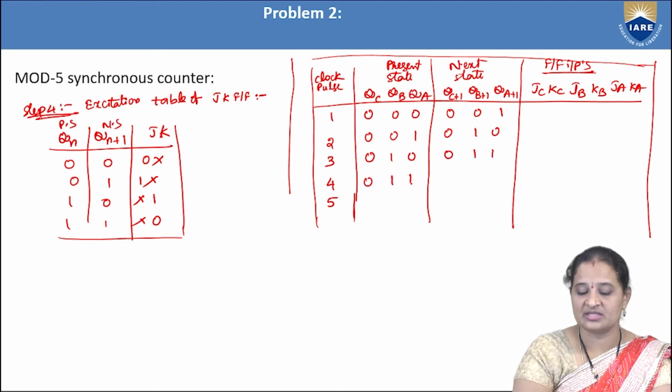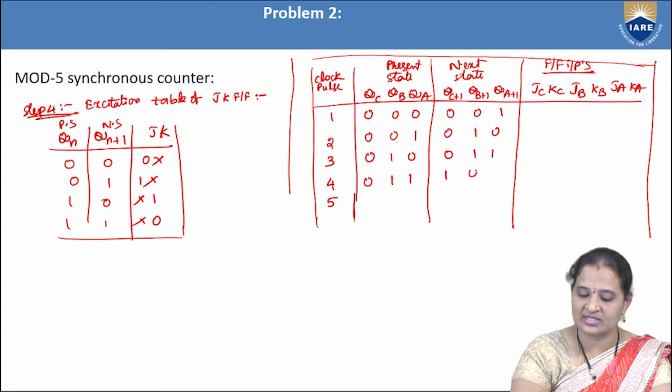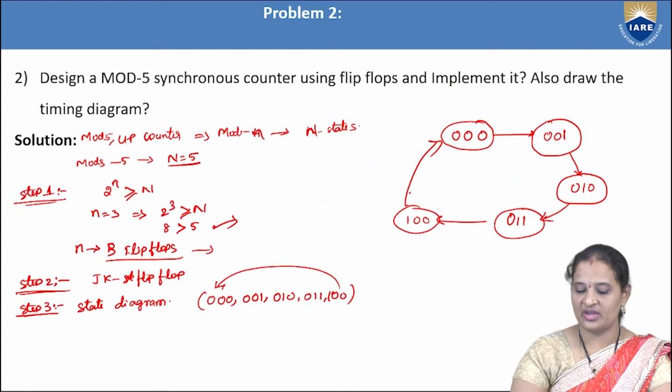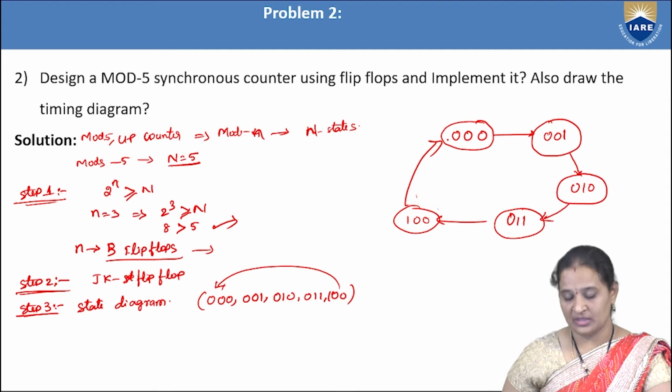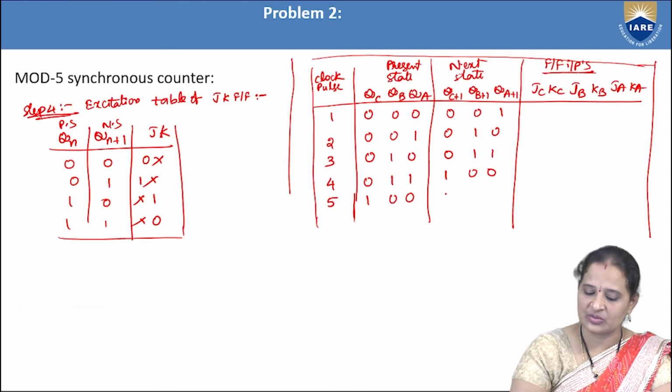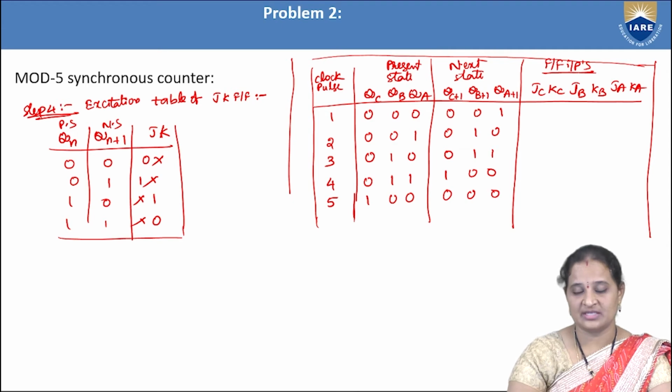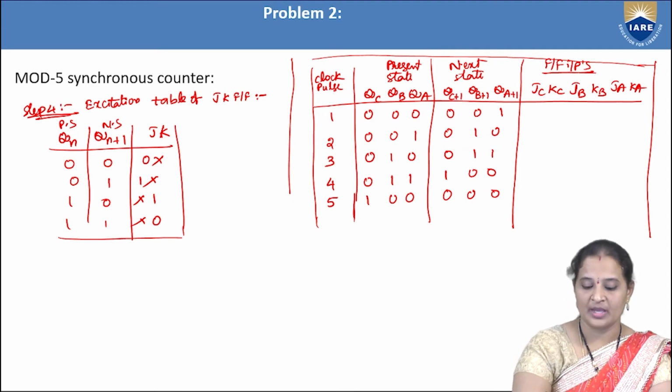If the present state is 011, next state will be 100. If the present state is 100, as we have chosen, it will go back to the initial state 000. So this is the present state and next state column.